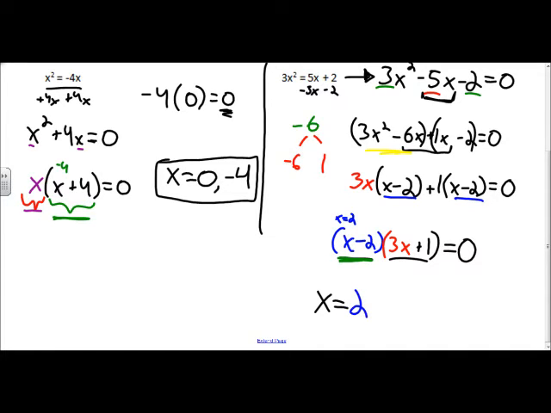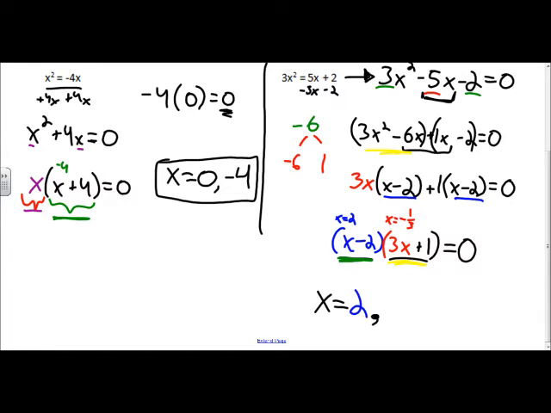So in one instance, x can be 2. When we are looking at this side, this factor, 3x plus 1, we want that to be 0. The only way to do that is if our x equals negative 1/3.